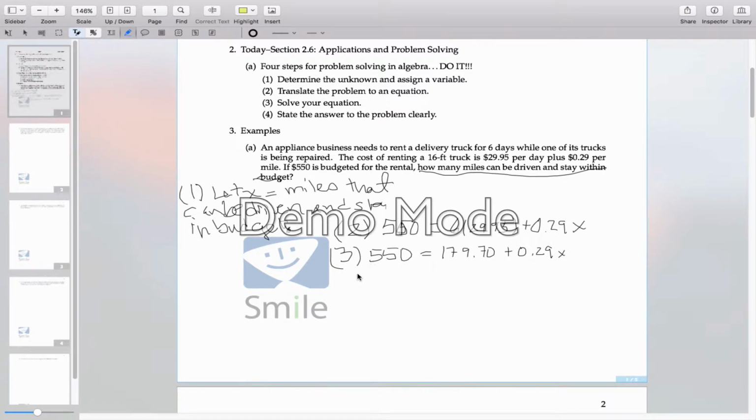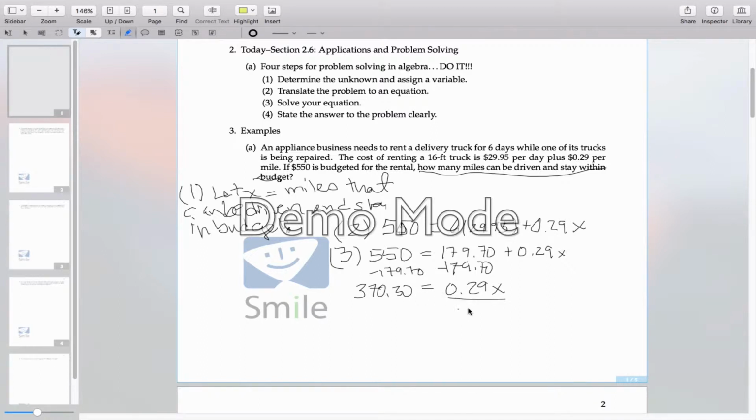Now, I did the subtraction earlier, and I happen to know that when you take 179.70 from both sides, you end up with $370.30 on the left-hand side and 0.29x on the right-hand side.